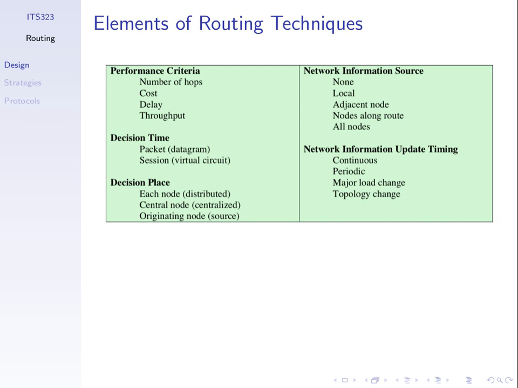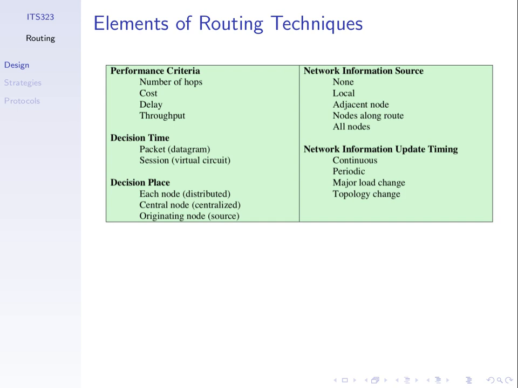So you can expand. So ask your neighbours, or ask your neighbours' neighbours, ask your neighbours' neighbours' neighbours, or eventually just ask everyone in the network, please tell me about your links. And the more other nodes we ask, the more accurate picture we have of the network, and therefore the more chance of selecting the optimal path.